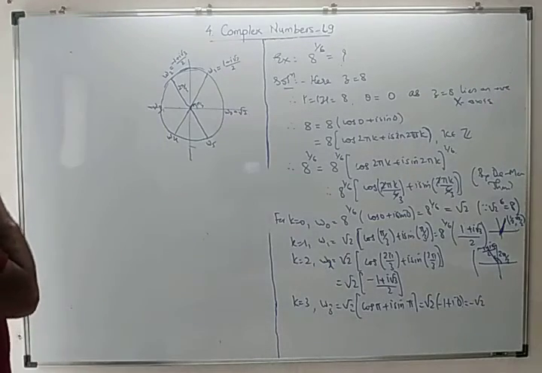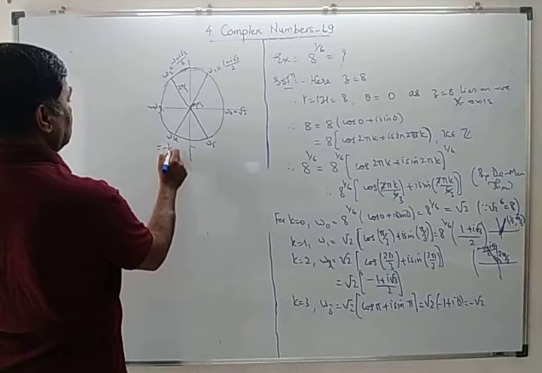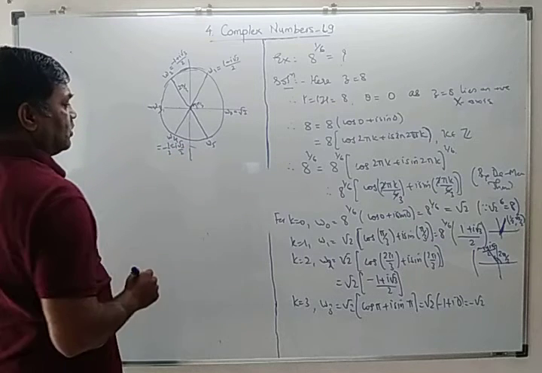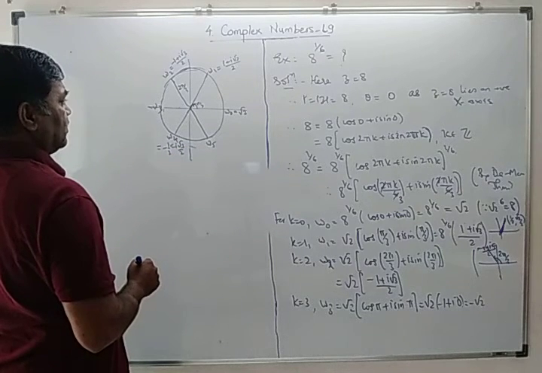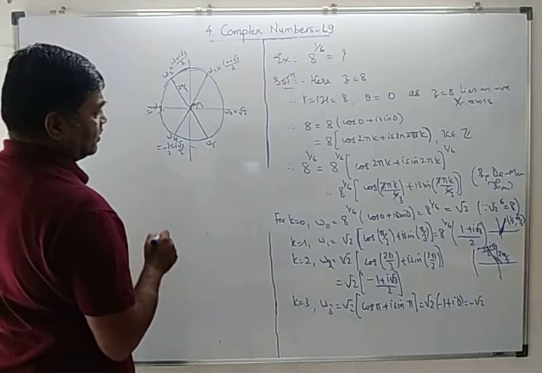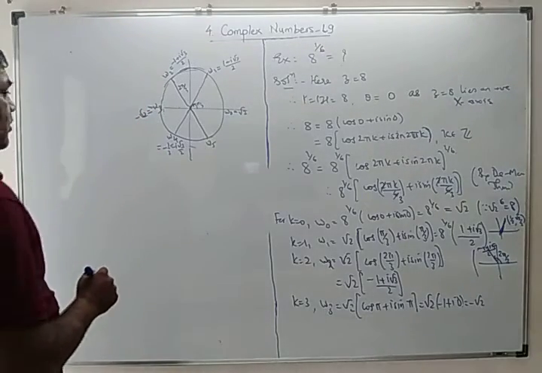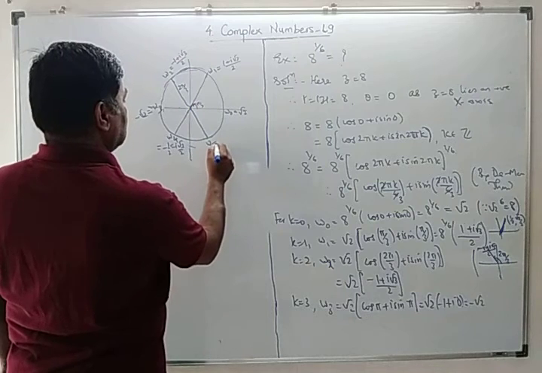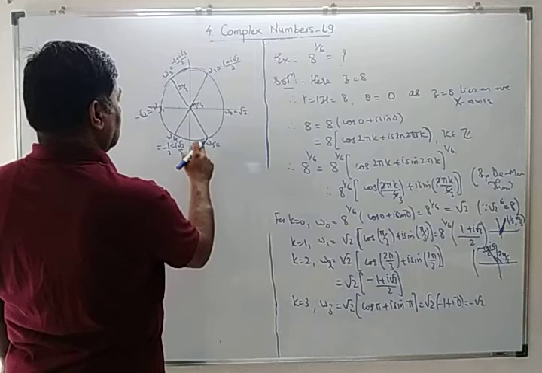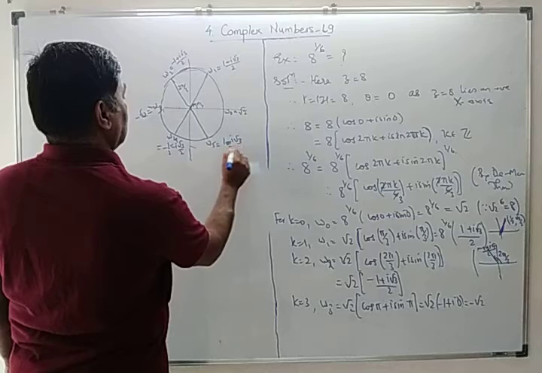Its reflection is here, means this will become minus 1 minus i root 3 by 2. Is it clear? This W3 is nothing but minus root 2. And W5 is 1 minus i root 3 by 2, both the x are positive.